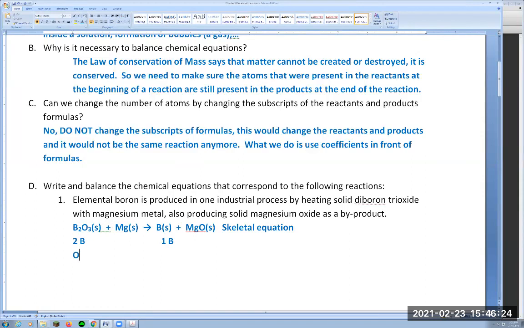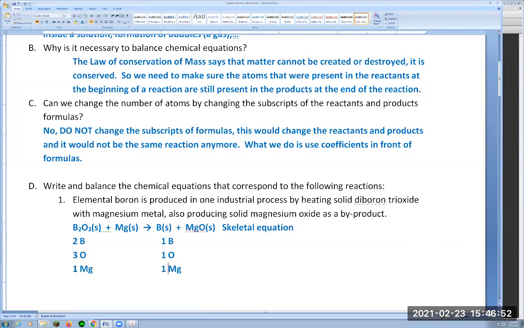Oxygen, we have 3 oxygens on the left side from B2O3, and then 1 oxygen on the right side in MgO. And finally, magnesium. We have 1 magnesium, the elemental magnesium, on the left side, and then on the right side, we also have 1 magnesium in MgO.